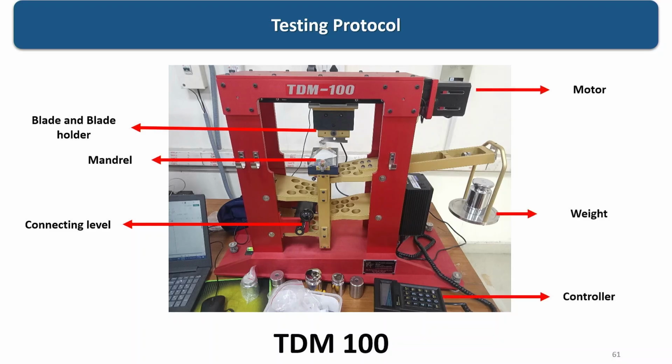This is a motor which moves the blade, and this is a known weight, so we will change the weight. There are spare weights, so we will change the weight to get a plot. As per the standard, we have to apply at least 15 different loads, and here is a controller.